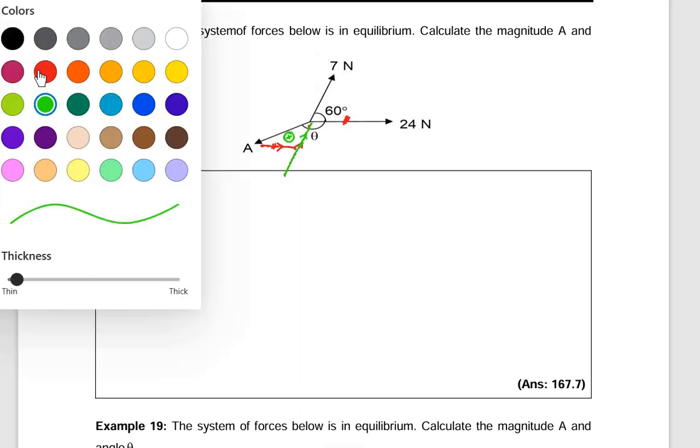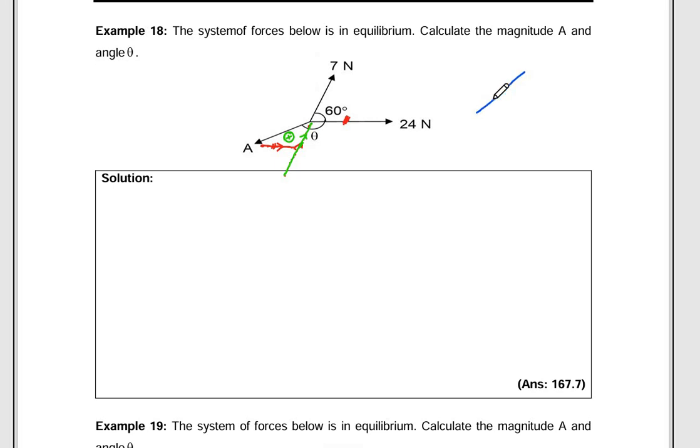Okay, so saya besarkan dia punya figure. Okay, A ke bawah. Ini A. Lepas tu saya ada 7. Kedudukan dia sama. Saya ada 7, A ke bawah. So, yang ni adalah 7 ke atas.